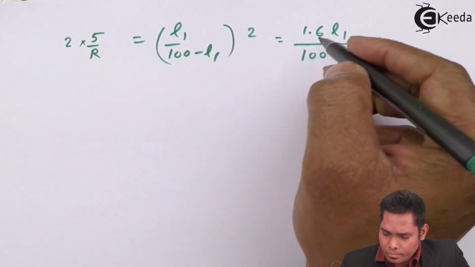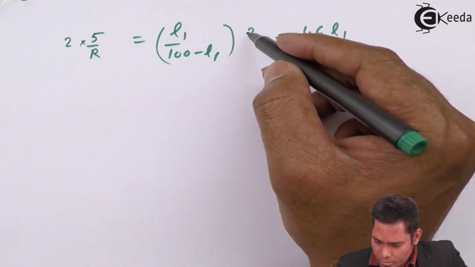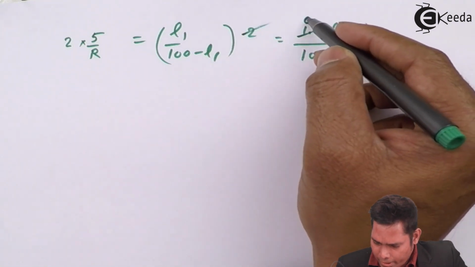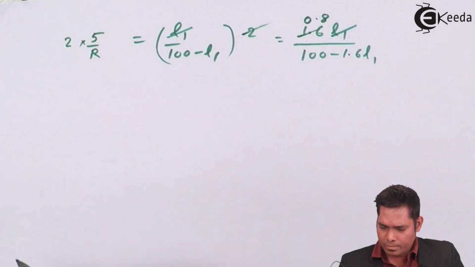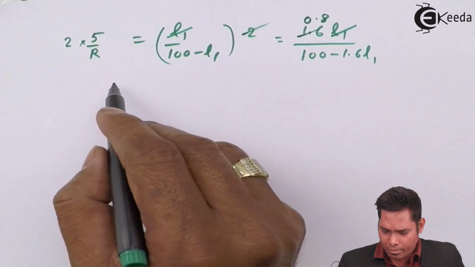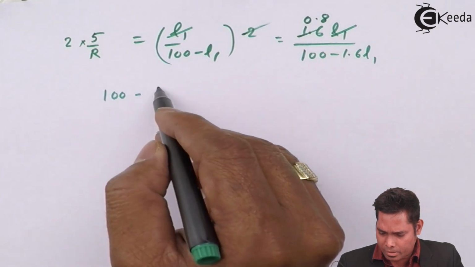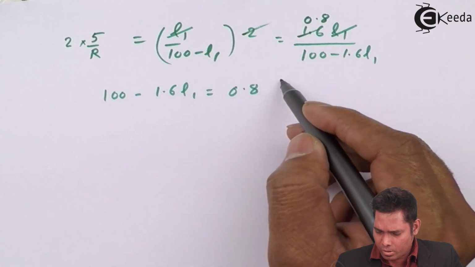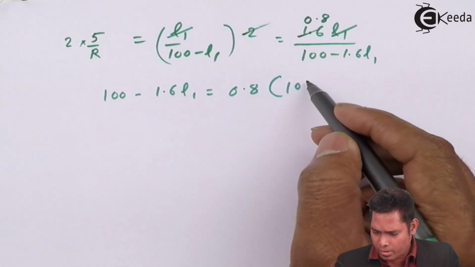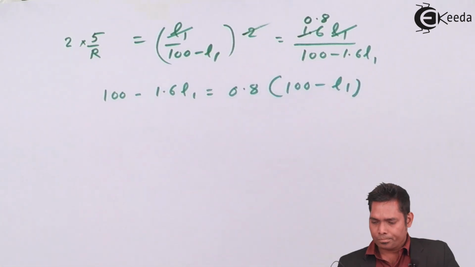So now this will be 0.8. This L1 and this L1 will cancel. I cross multiply, I'll get 100 minus 1.6 L1 is 0.8 into 100 minus L1.